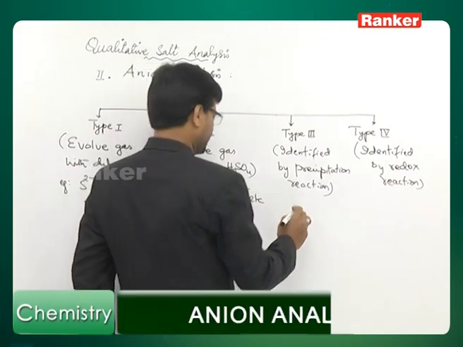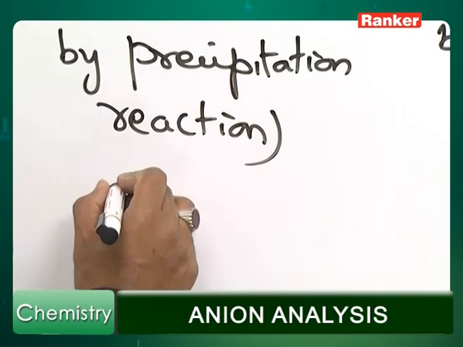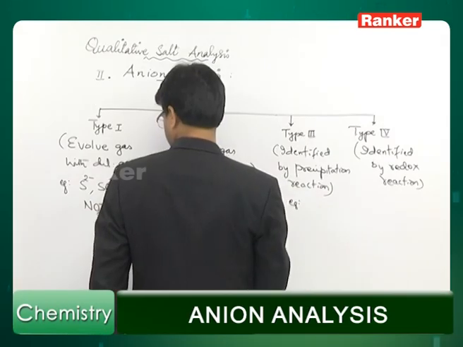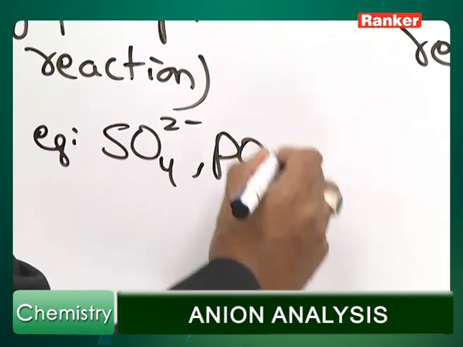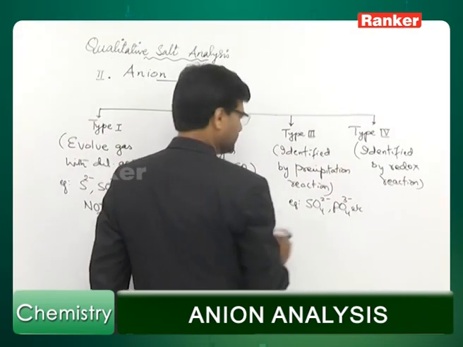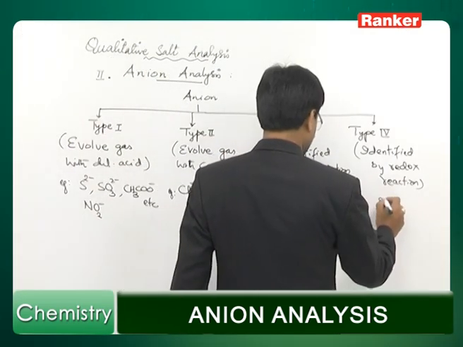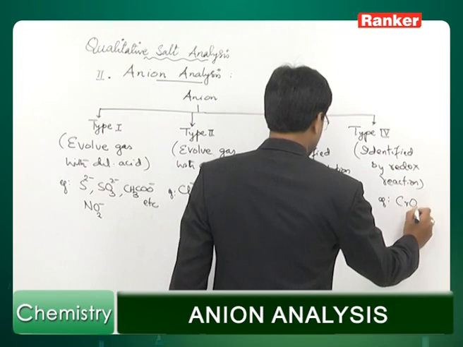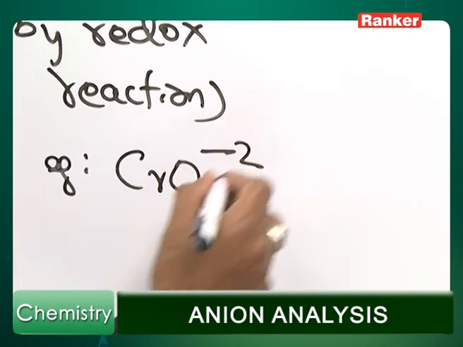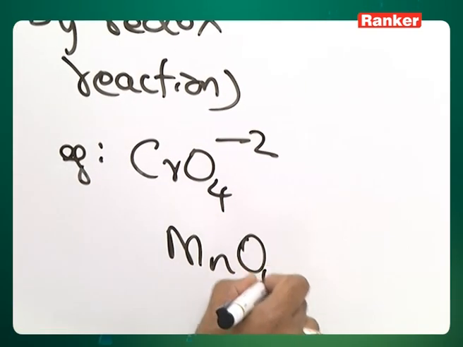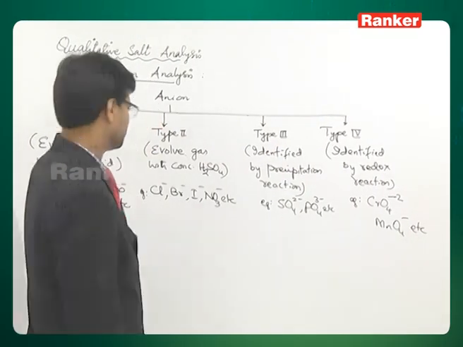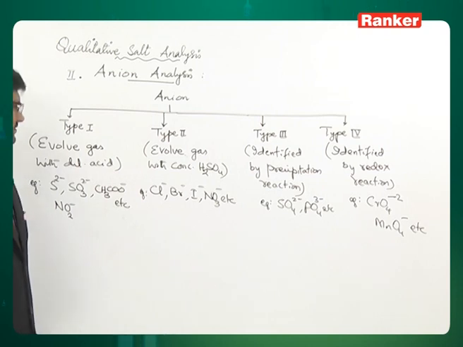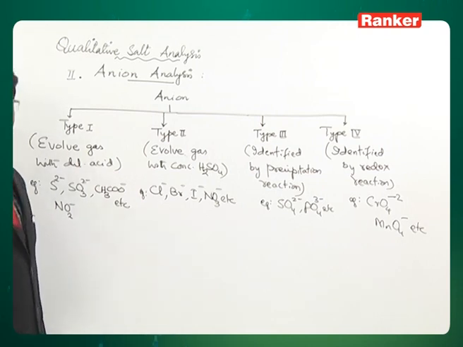Here for precipitation reaction we have sulfate, phosphate, etc. And here we have chromate, permanganate, etc. These are identified by redox reactions. So we have classified anions into 4 categories for the sake of convenience, for the sake of systematic identification.